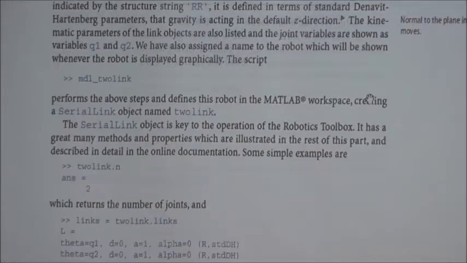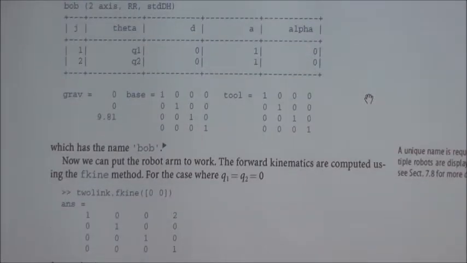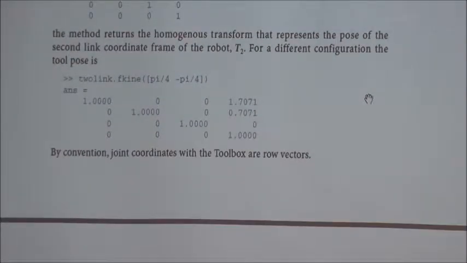And then once you multiply together, you see the last row, the end effector is at 1.707 in the x direction and 0.701 in the y direction. And in the z direction it is 0, which means the robot is planar. It's on a plane. It's not in 3D. Okay? You will learn all of these things.